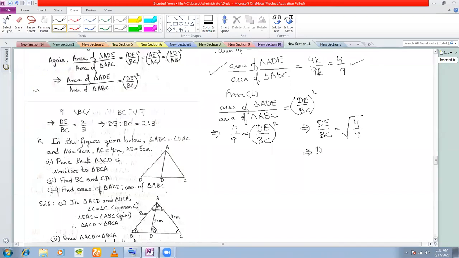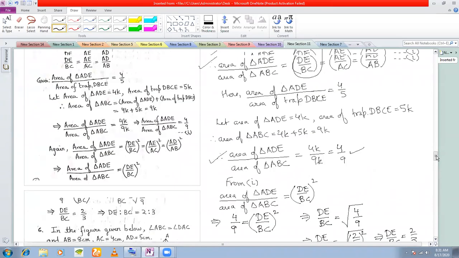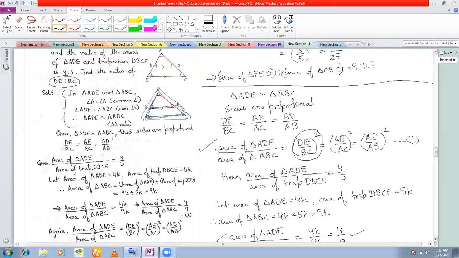That means DE by BC is 2 by 3. Therefore, DE is to BC is equal to 2 is to 3. That is what you needed to find out here, DE is to BC. Okay.